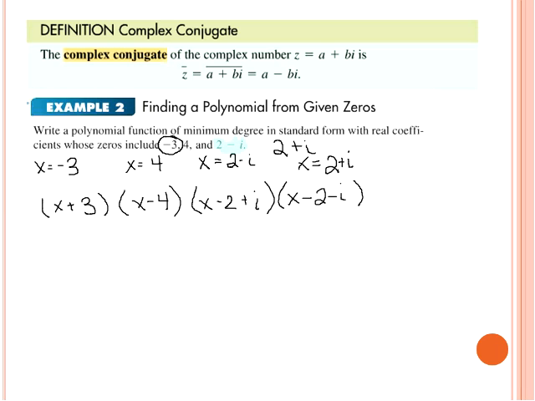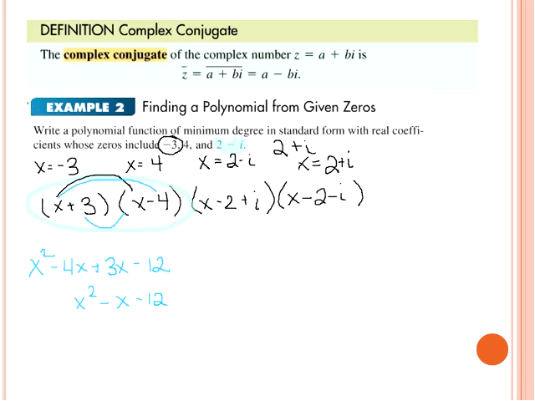All right, now that we've got the linear factorization, we're going to go ahead and distribute to find the actual polynomial. So let's start with these right here. Those are probably the easier of the two, right? So we'll start with x times x, and I'll color coordinate this. x squared, -4x, +3x, -12, which when I combine like terms brings me down to x squared minus x minus 12.